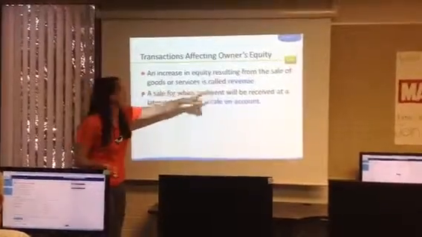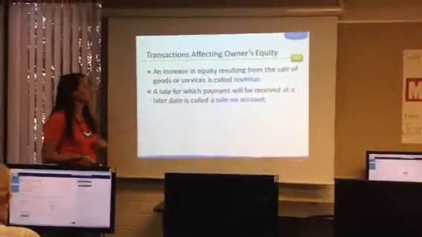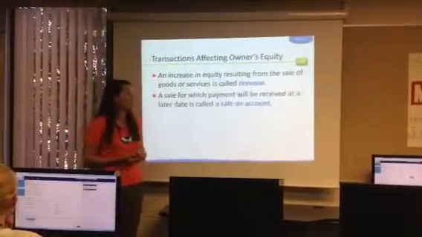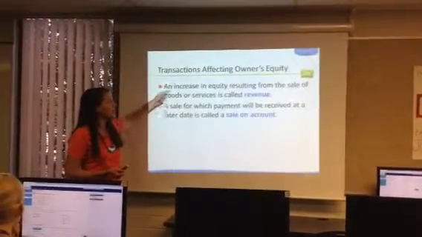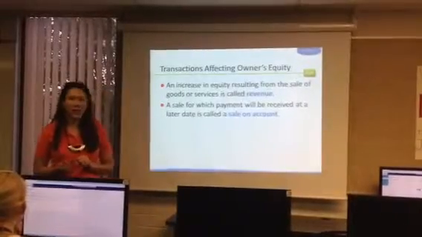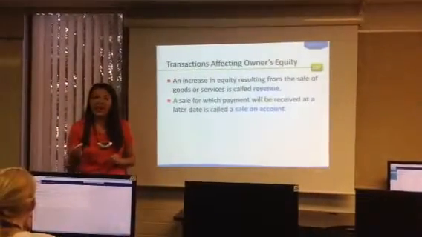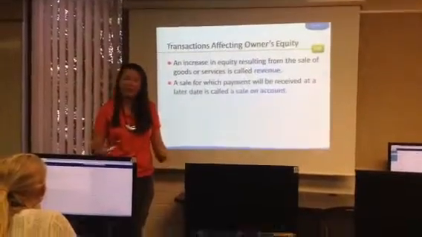So we want high revenue. Now, a sale for which payment will be received at a later date is called a sale on account. So will they always pay for a sale of goods with cash? No. So just like we had accounts payable where we were going to pay them later, what's going to happen to us?